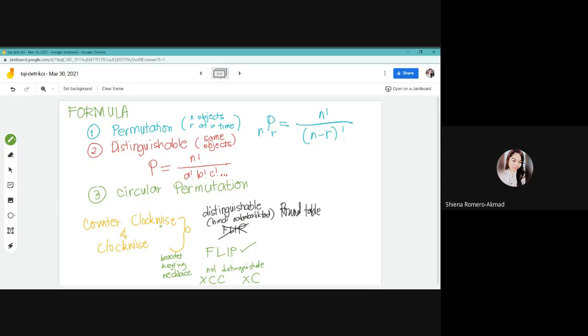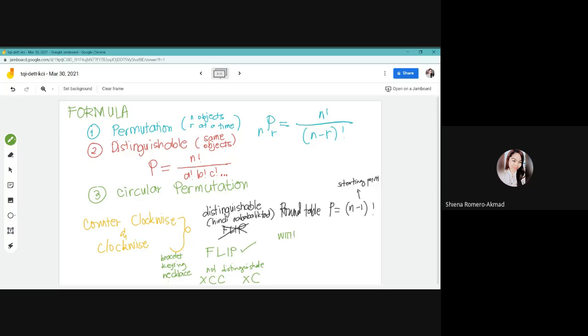Ito sa round table lang, at ang formula dito ay permutation is equal to n minus 1 factorial, kung saan yung 1 na yan ay yung inassign mo as the starting point.